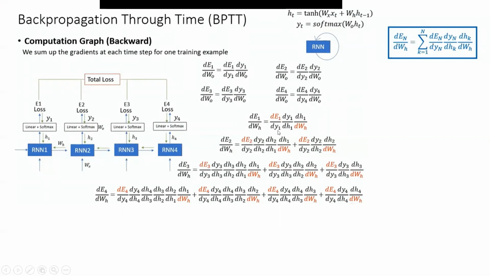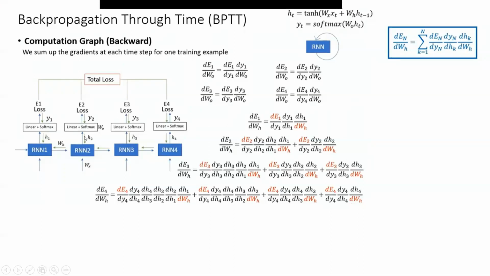So this is the chain rule for E1. Now for E2, we need to sum it up because there are two propagation paths over here. One is when you calculate the gradient of E2 with respect to WH: E2 has a dependency on Y2, Y2 has a dependency on H2, and H2 has a dependency on WH.